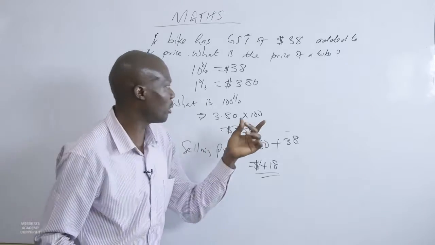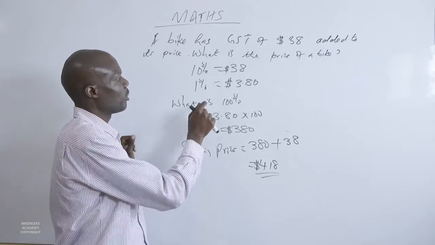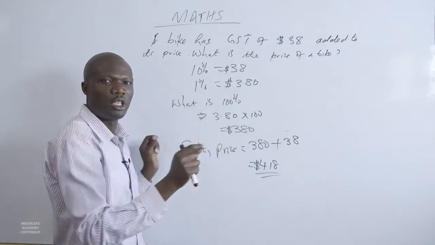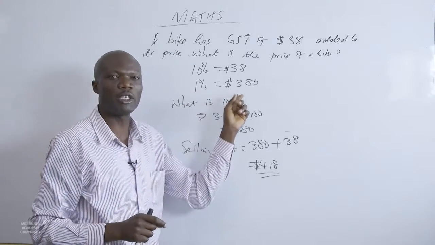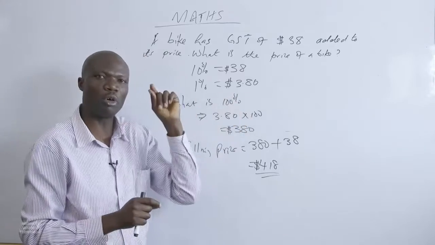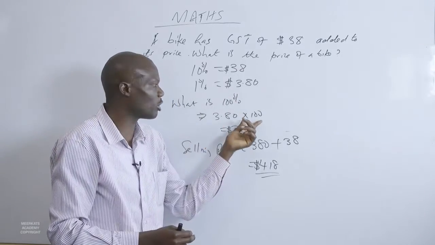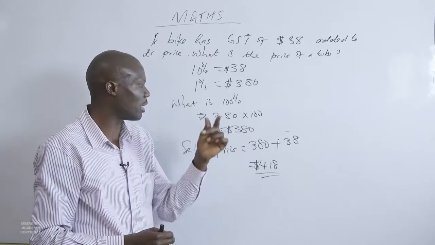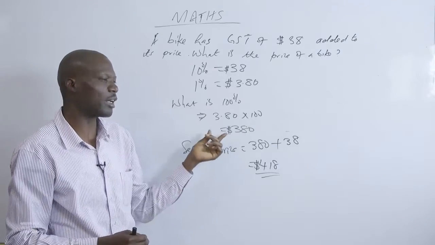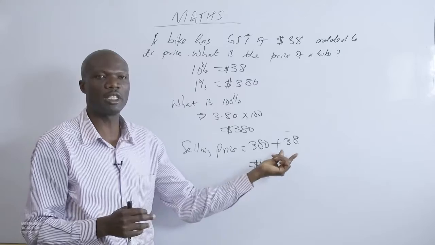Just to repeat and make it clear here, we have used the unitary method to get the representation of 1%, and we've seen 1% is equivalent to 3.8. How about 100%? 100% will be equivalent to 3.8 multiplied by 100, which is $380. And if 380 is the cost, if you want to sell that bike, it will be the cost plus the GST.